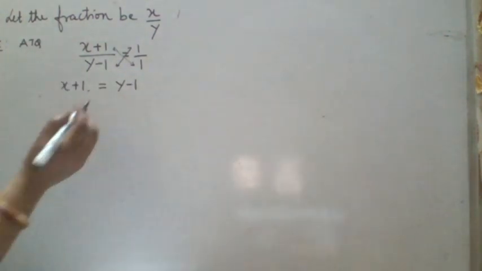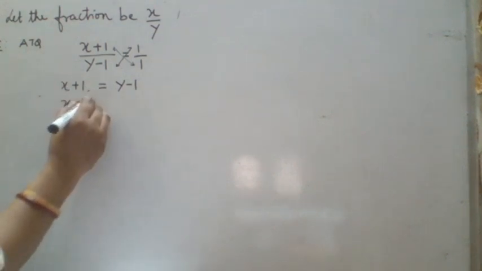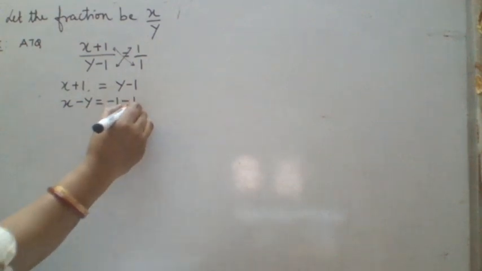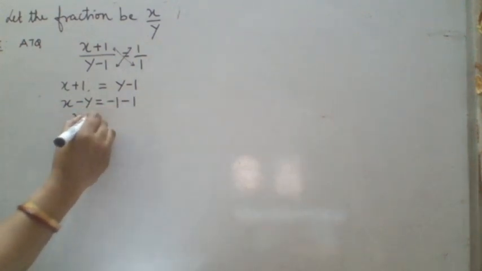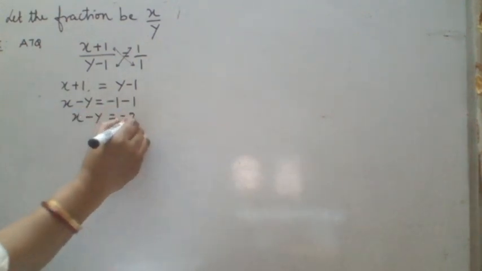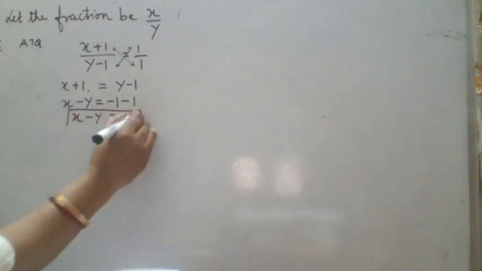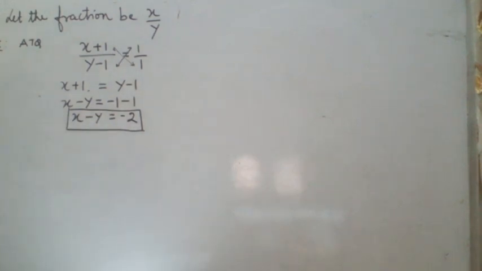So this becomes x minus y equal to minus 1, and the 1 also goes to the other side. This is x minus y equal to minus 2. So this is one of the linear equations you have got: x minus y equal to minus 2.